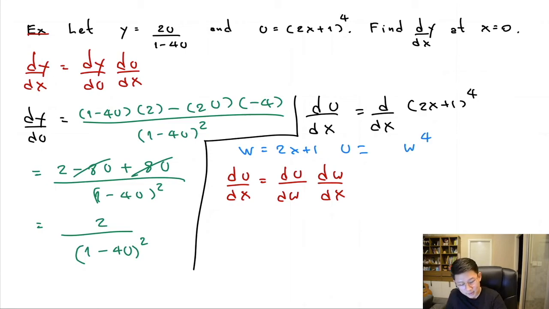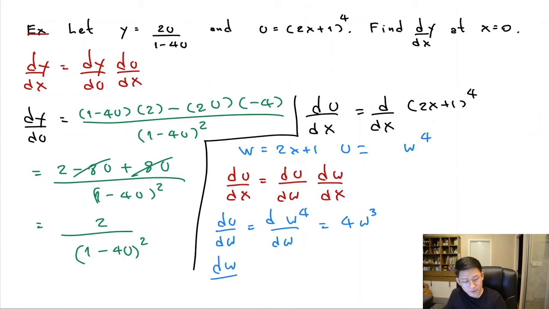Du by dw is d of, what is u? U is w to the power of 4, by dw, right? And that will be 4w cubed. And dw by dx would be d of 2x plus 1 by dx, and that is just 2, isn't it?